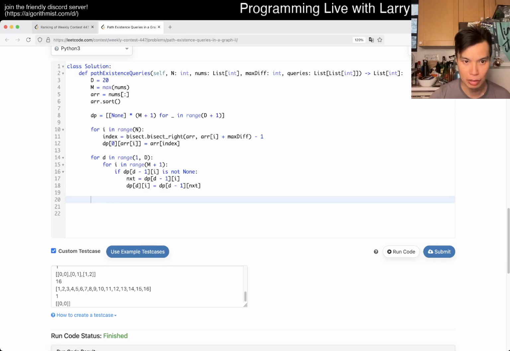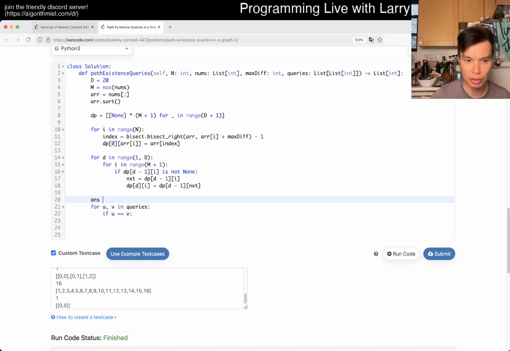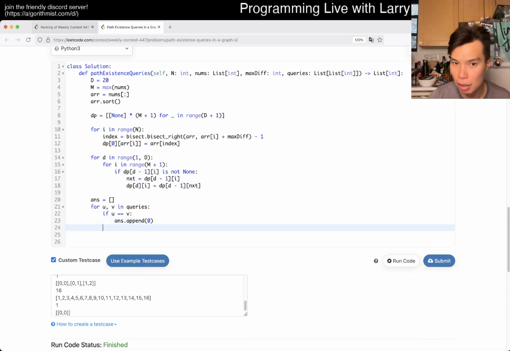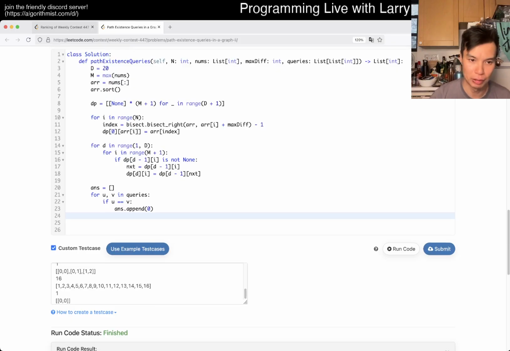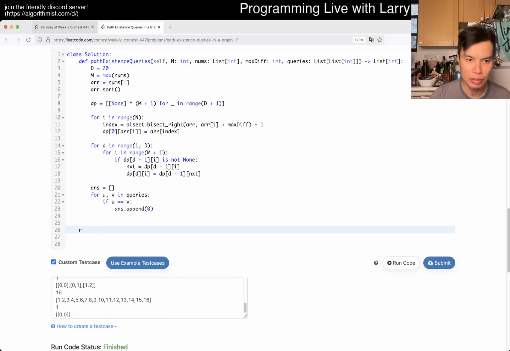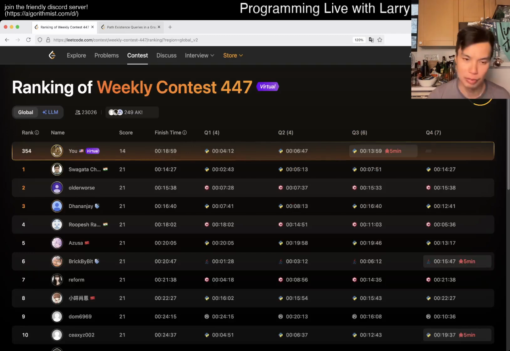We will see, right? So for u, v in queries, if u is equal to v, then we just return 0. That's the only case where it could be 0. Otherwise, we have to do the binary search walk thing, which I'm always a little bit weaker at. But we're almost done. How much time do we have left? 51 minutes.